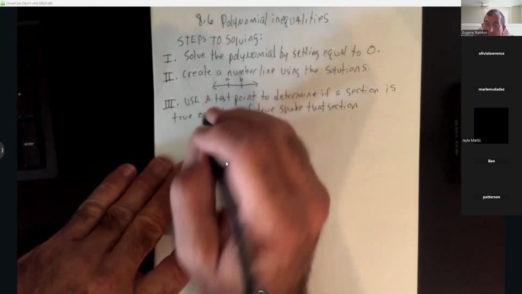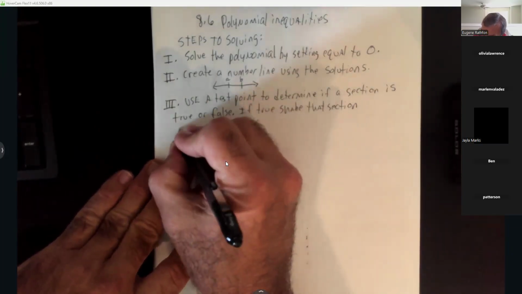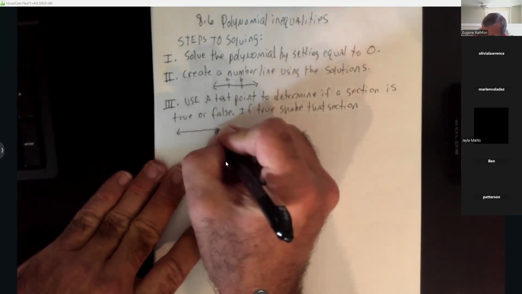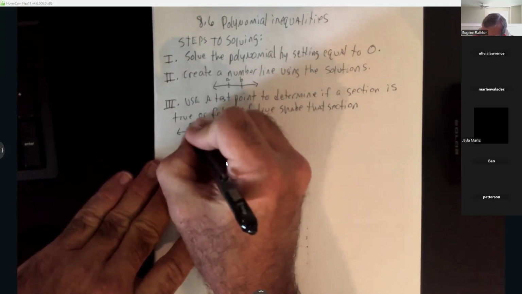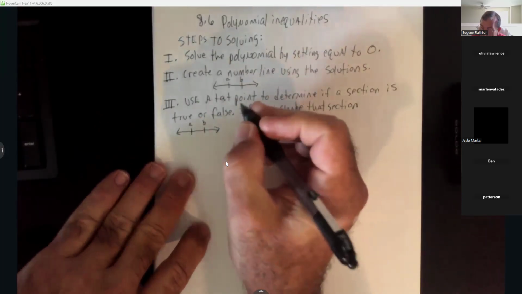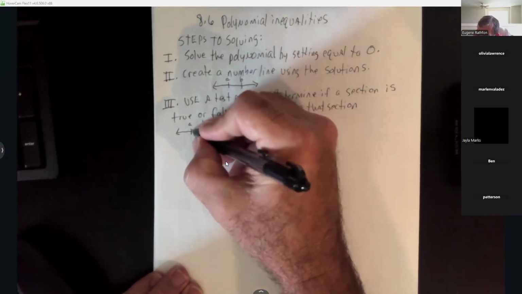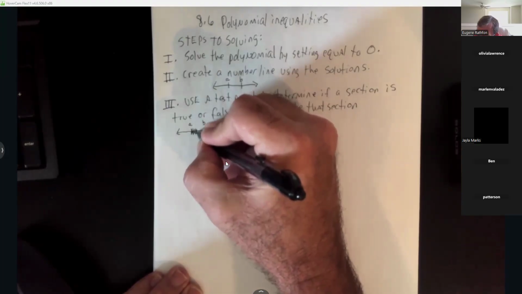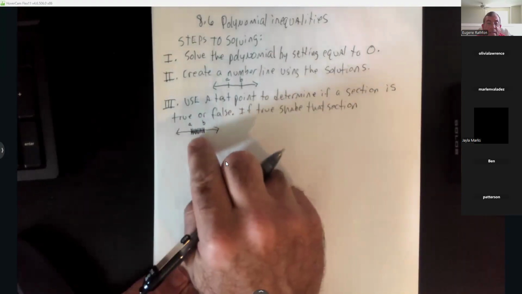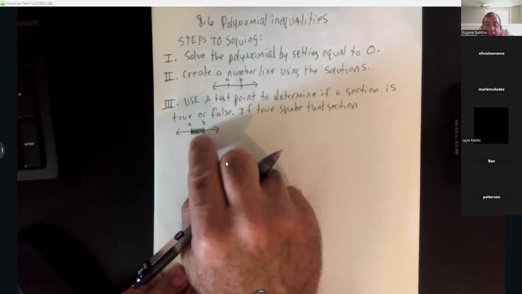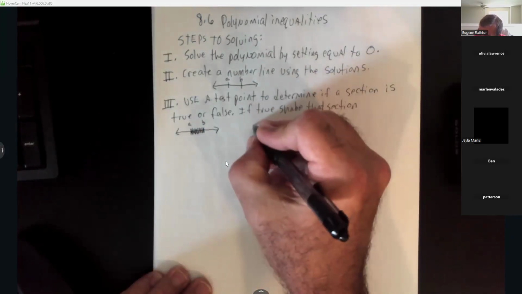Now, there's two cases that can happen. If it's true in the center section where you test it, then that's the only section that'll get shaded, the center section.